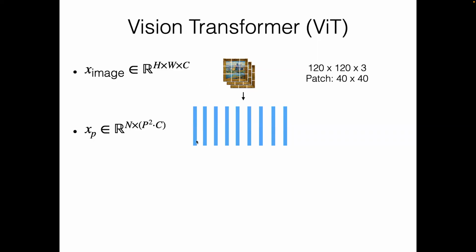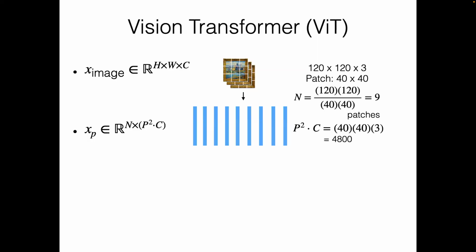Okay, so this will just be a vector or list of numbers. So concretely here, let's say you have 40 by 40 patches, then you would get a sequence of n different vectors. And their dimension would be 4,800. Okay, so you could see probably the choice of 40 by 40 is kind of big for a patch because now you have this fairly large dimension here.